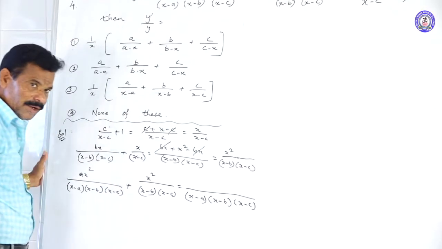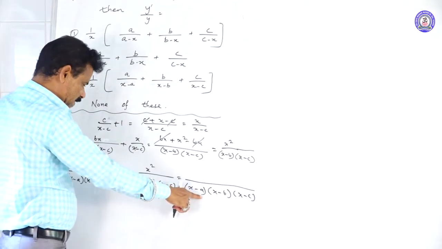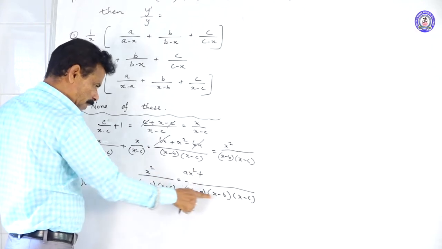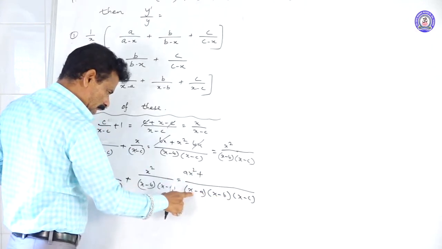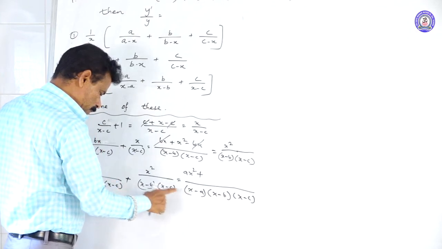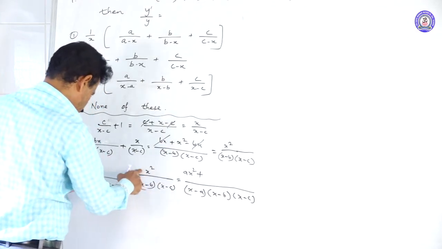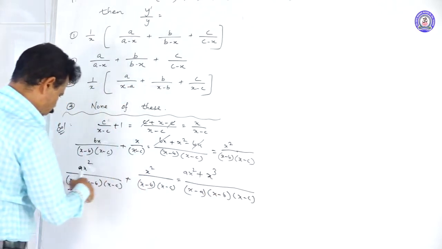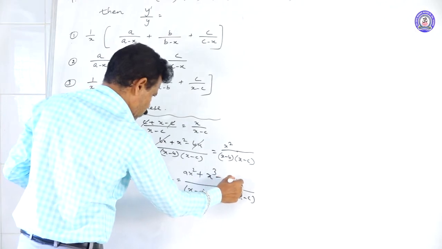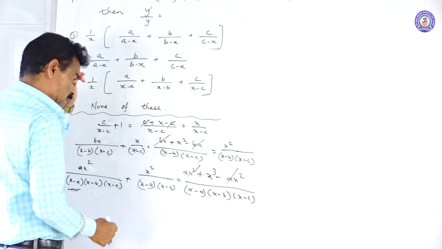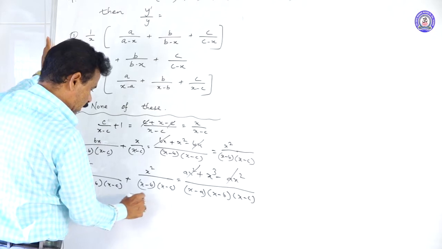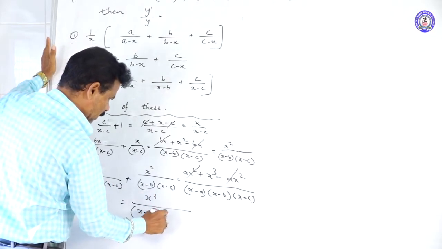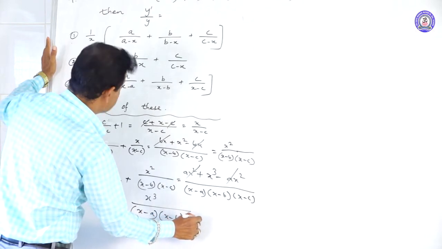Only ax square here, plus x minus a into x square, that is x cube minus ax square. This term gets cancelled. So finally it is x cube by x minus a, x minus b, x minus c.